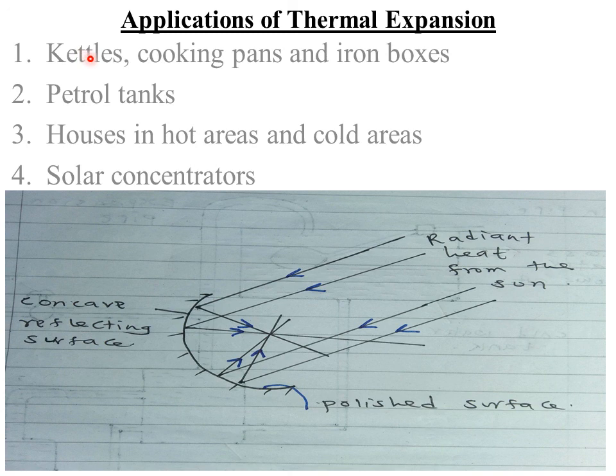Why? Because shiny surfaces are good reflectors of heat and they are poor absorbers of heat. So if you place tea or any other substance, for example water, in that kettle, the temperature of the water will remain relatively high. Why? Because heat loss from the substance in the kettle is minimized because of the shiny surface, which prevents heat loss through radiation.